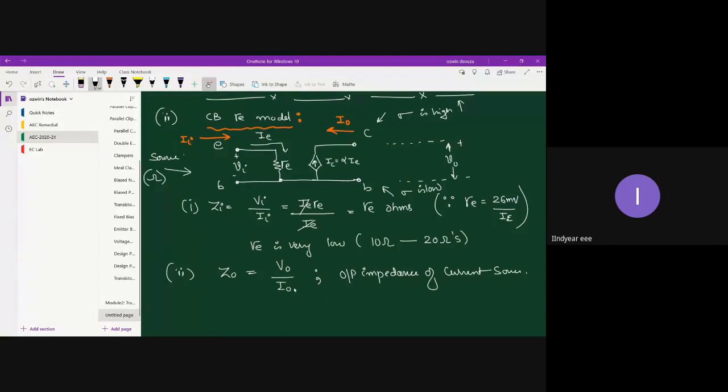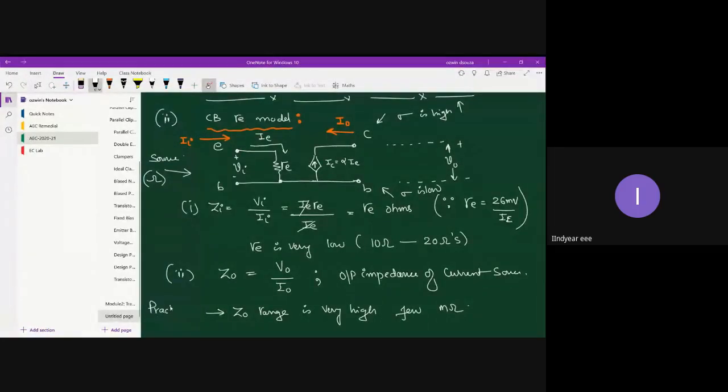In common emitter configuration, your output impedance range is usually up to a few tens of kilo ohms. On the other hand, since there is a low conductivity base layer across the output port, your Zo range shoots up. Zo is very high, as high as a few mega ohms. This is the practical range I'm talking about.